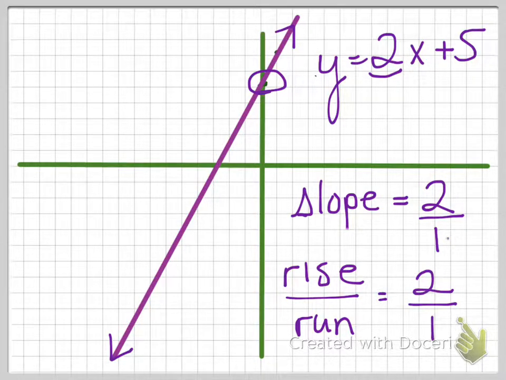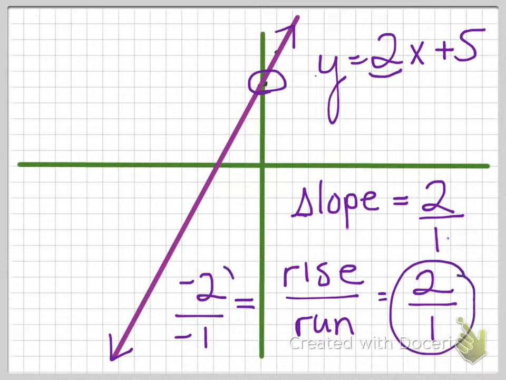And so that's telling me that from the point that I hit the y, or from any point on this line actually, if I rise 2 and run 1, rise 2, run 1, I will hit another part of the line. Conversely, I could also rise -2, run -1, because aren't those equivalent? Isn't a -2 over a -1 equal to +2 over +1? Of course they are. Negative over a negative is ultimately positive. And so you can express it either way.